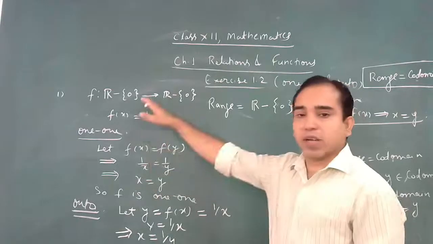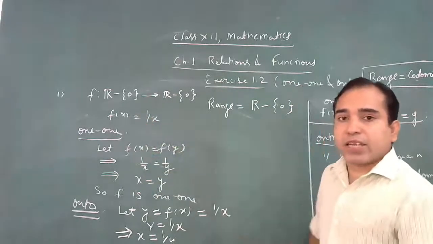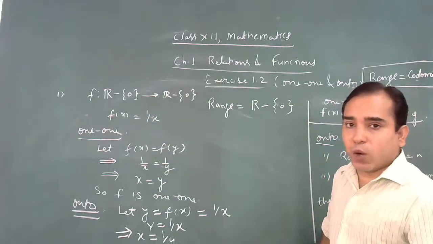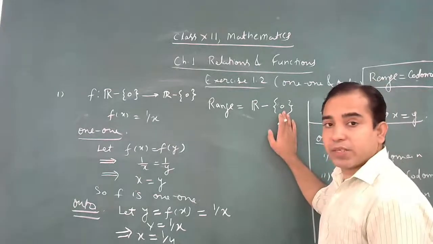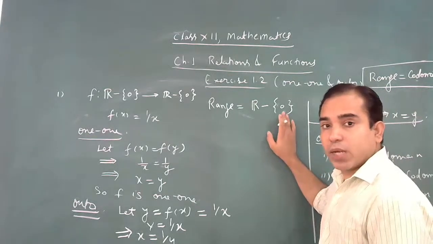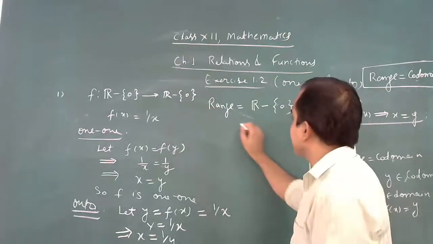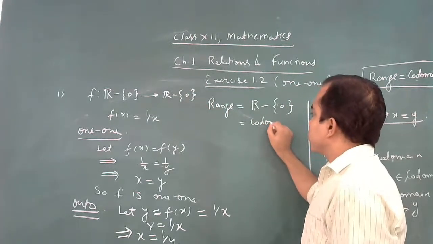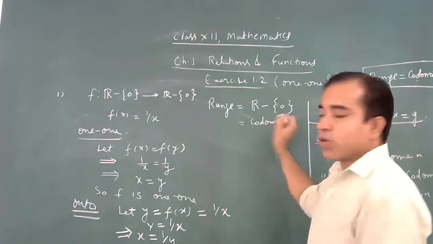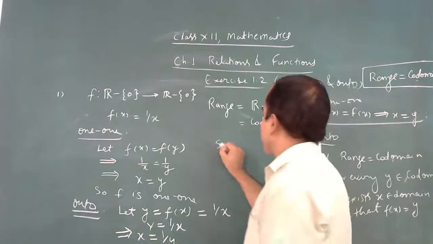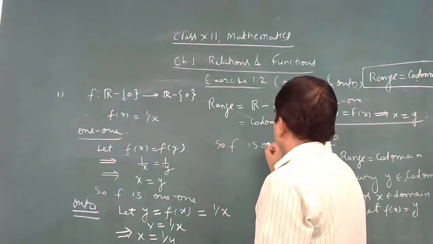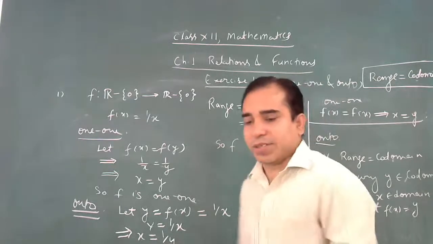Here the domain is R minus 0. So you have to check what values of y are allowed, and here it came R minus 0. Now this is the range. Now check whether this range is the same as the codomain. Is it? Yes. So range equal to codomain means what? Function is onto.